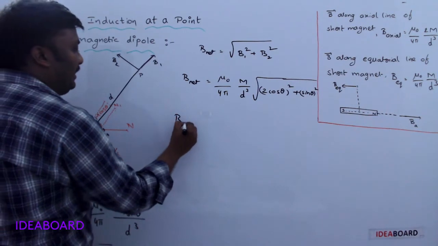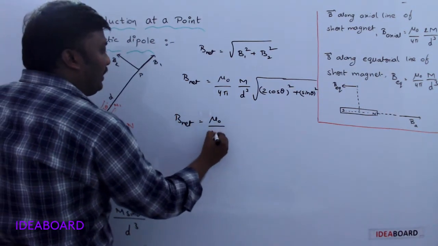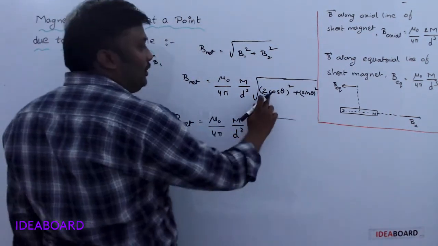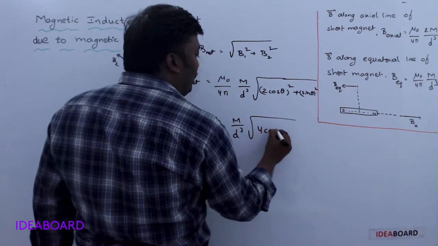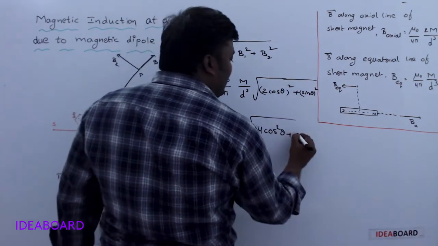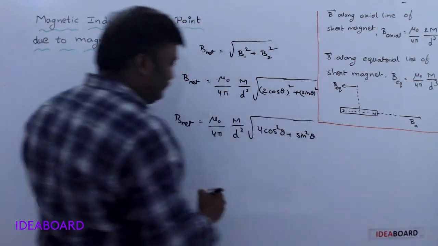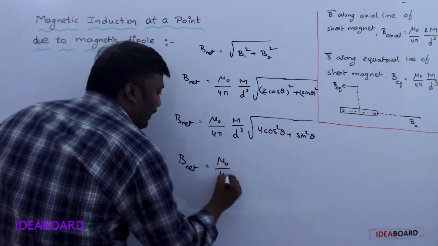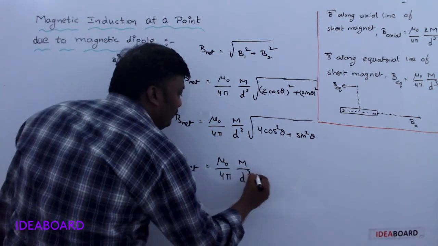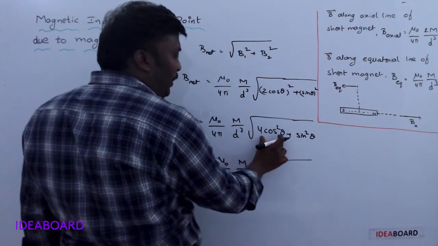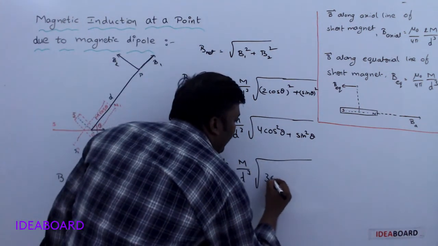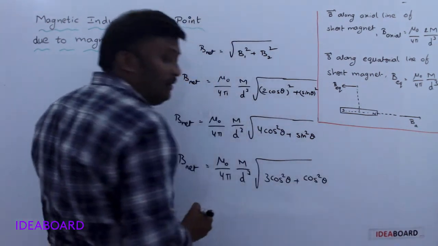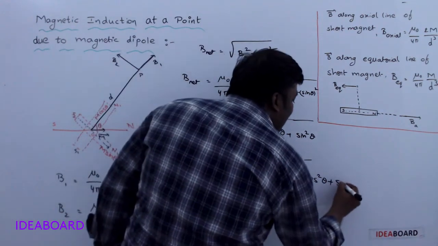That implies B net is mu naught by 4 pi m by d cube under root 4 cos square theta plus sin square theta. Out of 4 cos square theta, I wrote 3 cos square theta plus another cos square theta, plus sin square theta.